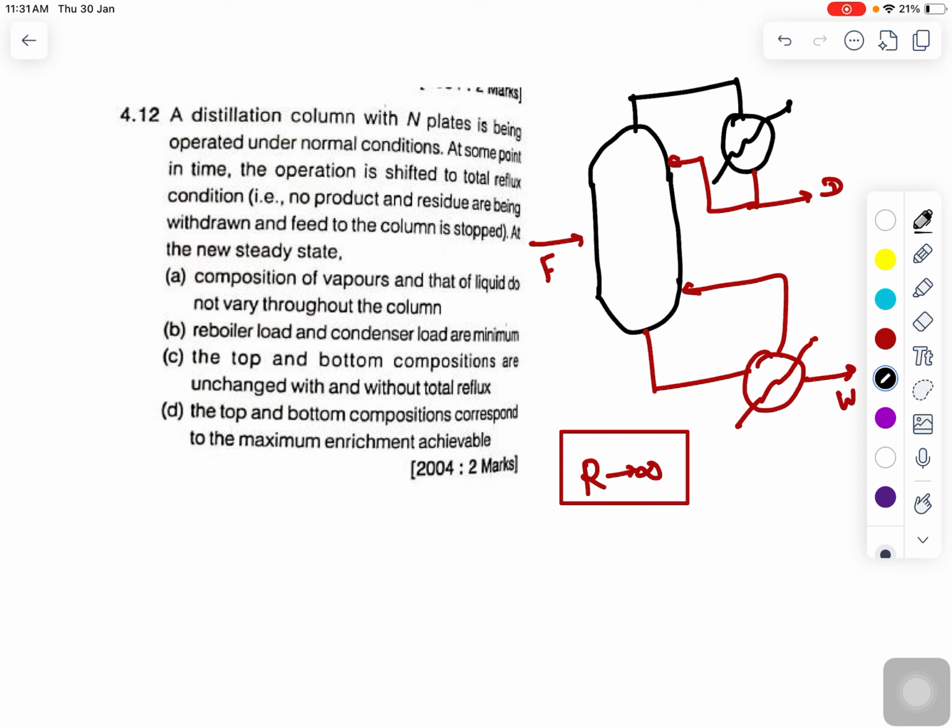So that's why the top product will have a maximum concentration of the more volatile component, and the bottom product will have a composition of very less volatile compound. So both the top and bottom composition correspond to the maximum enrichment available. So from here your option D will be correct.